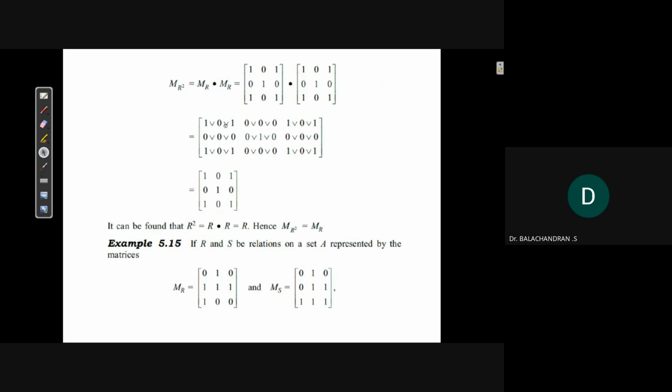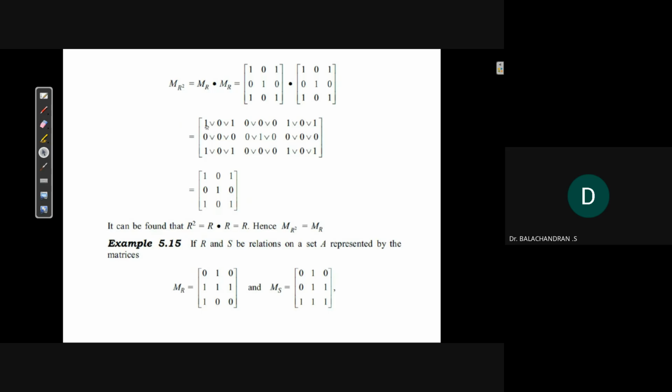Again instead of plus, OR. 1 and 1 is 1. Next, take this row and this column. 1 and 0 is 0, and then OR, 0 and 1 is 0, and then OR, 1 and 0 is 0.